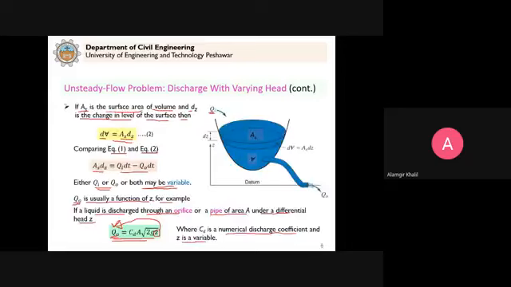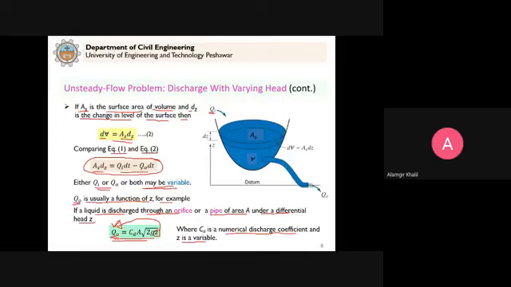Clear? So what we are saying here is that in this equation, the inflow and the outflow discharge that appear, we are discussing whether they can be treated as constant or variable.